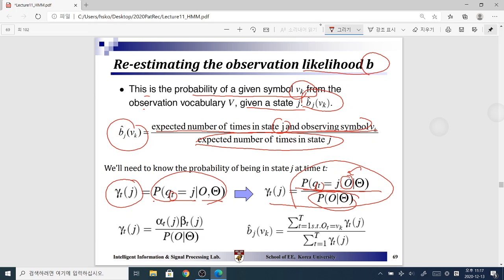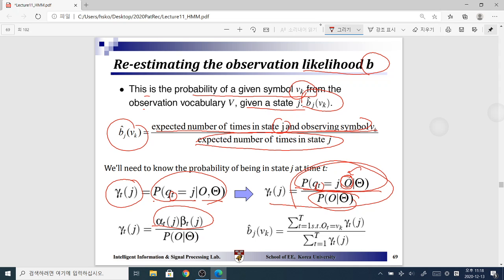The numerator, which is the probability of being at state j at time t as well as the entire observation sequence, is essentially the forward algorithm times the backward algorithm.